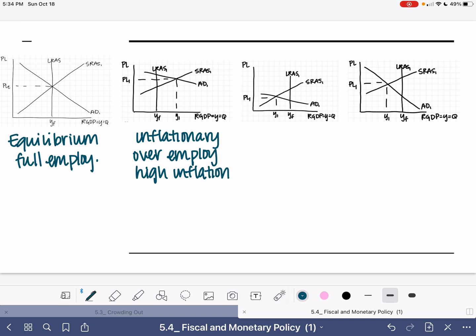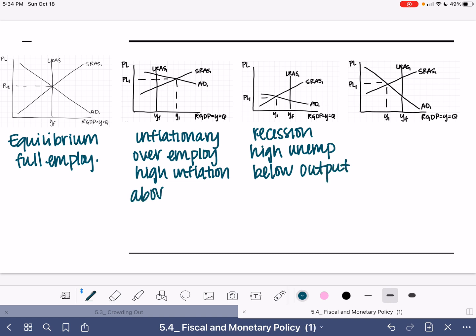And then our next gap, this is our recessionary gap. We have high unemployment. We are below potential output. Throwback to our inflationary gap, we're above potential.